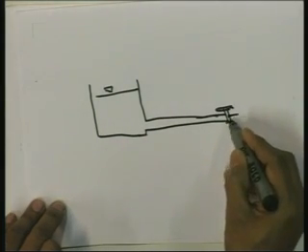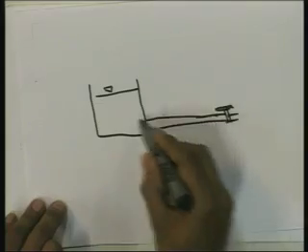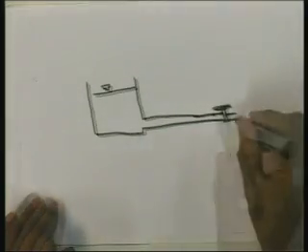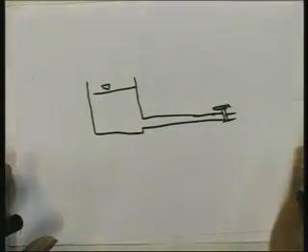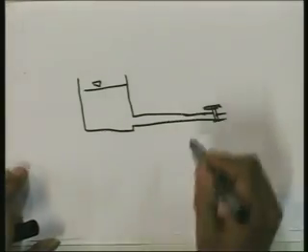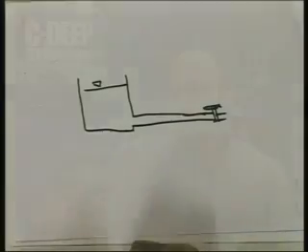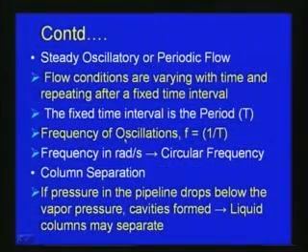If you operate this valve, whenever we close the valve, we can see that oscillations take place, and this is also periodic or steady oscillatory flow. The fixed time interval is the period, and with respect to that we can find out the frequency of oscillation, as the flow goes from one place to another.